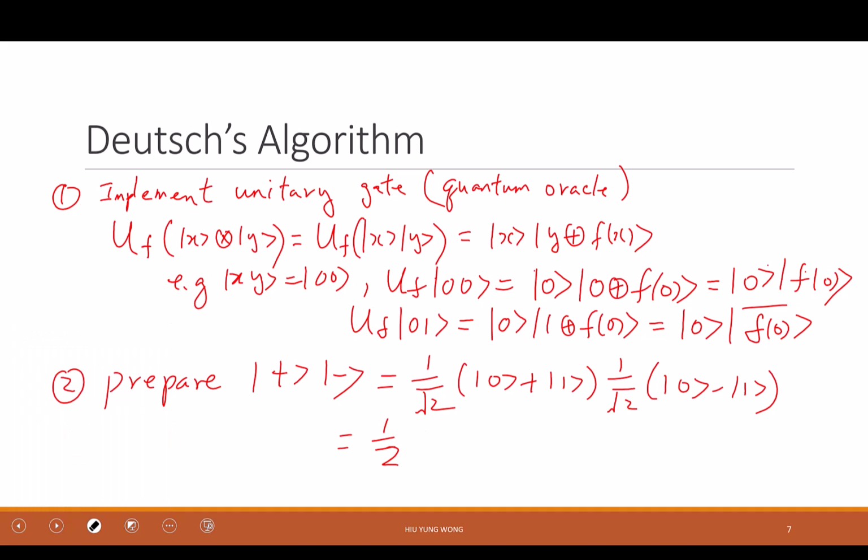And naturally we get 0 times 0, negative 0 times 1, plus 1 times 0, minus 1 times 1. That is the state that I showed you earlier, right? But this time we do it ourselves by hand. Particularly, I just want you to realize this is plus, this is minus. Okay, then we continue the math.